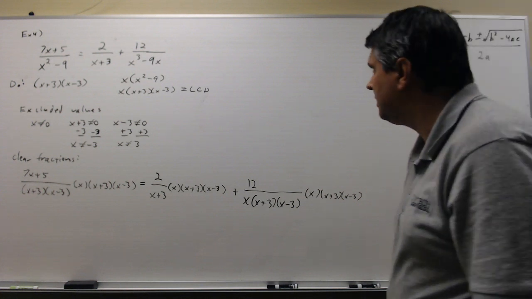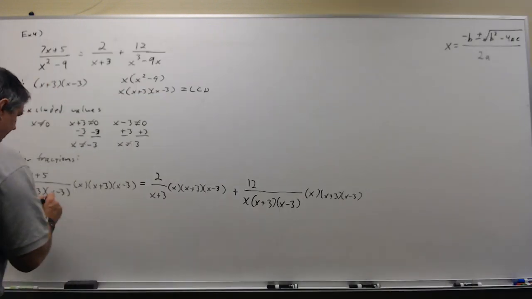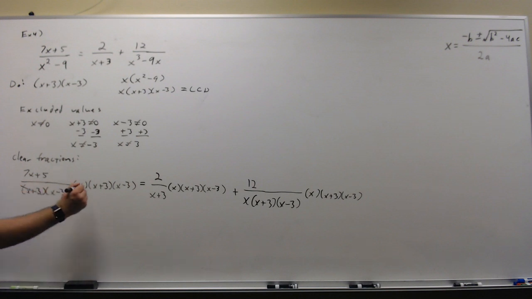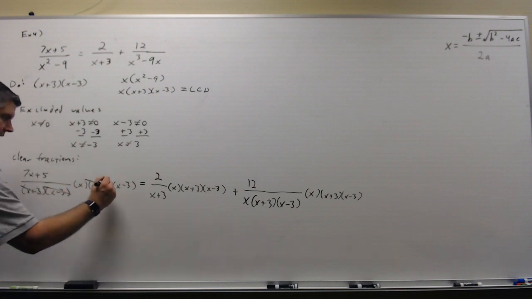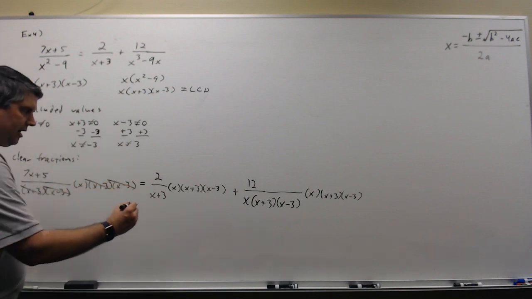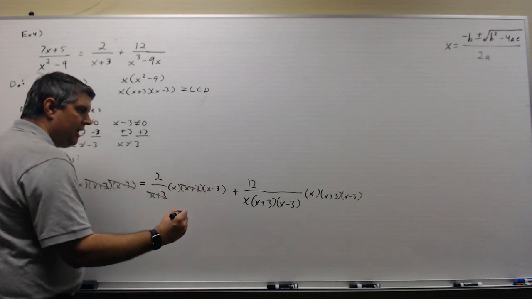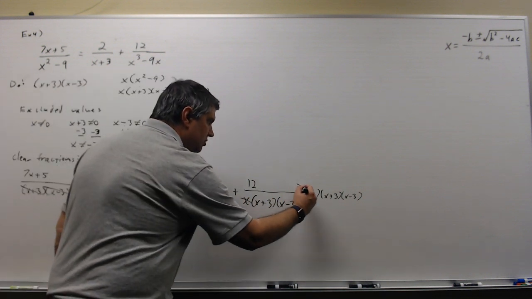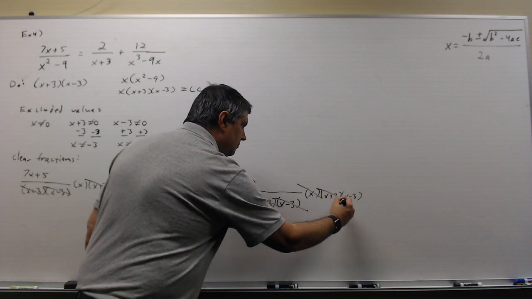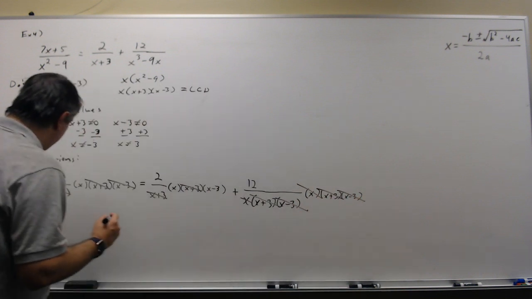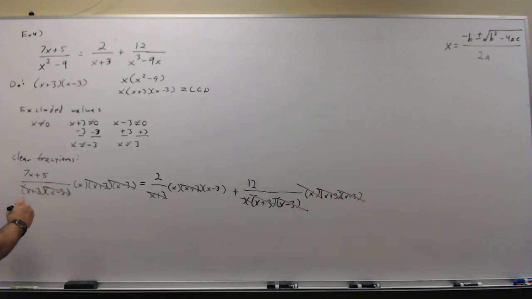So, cancel away your denominators. The x plus 3's cancel, the x minus 3 cancels here. Here, just the x plus 3's cancel, and here, everything cancels. Leaving me, well, what I'm going to do is try to do this in as few steps as possible, because again, space is at a premium.